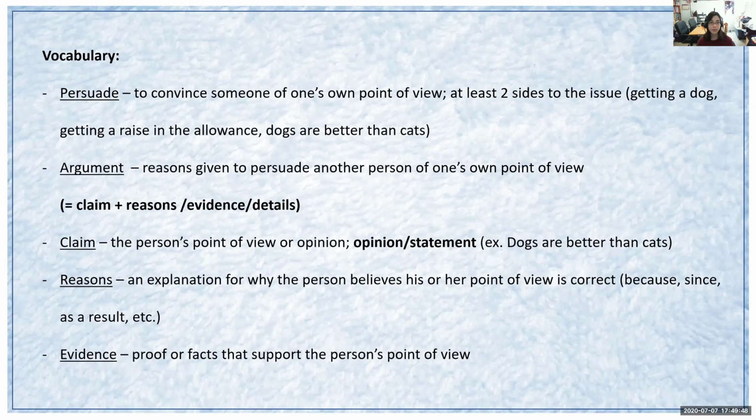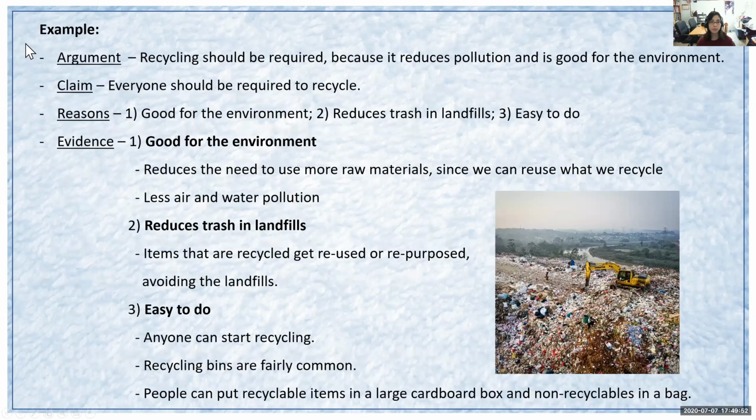Awesome. So after reviewing all of these vocabulary words, I then showed you an example using recycling. And so we had our argument of recycling should be required. That's our claim, plus the reasons and evidence, which is because it reduces pollution and is good for the environment. Then we had our claim statement of everyone should be required to recycle.